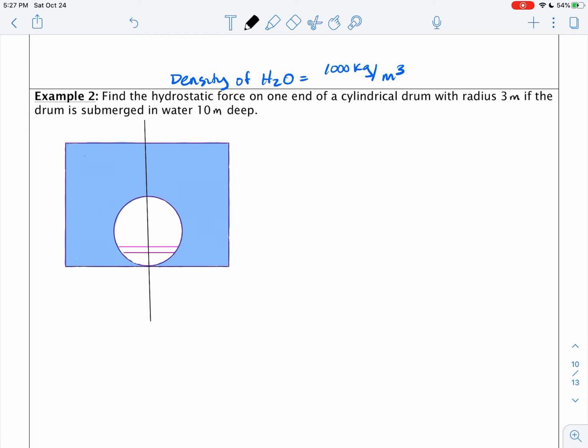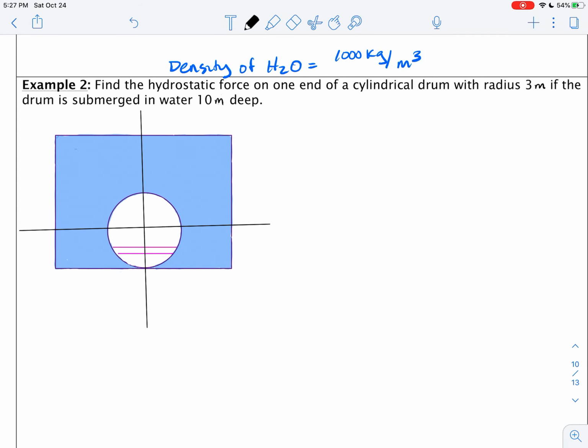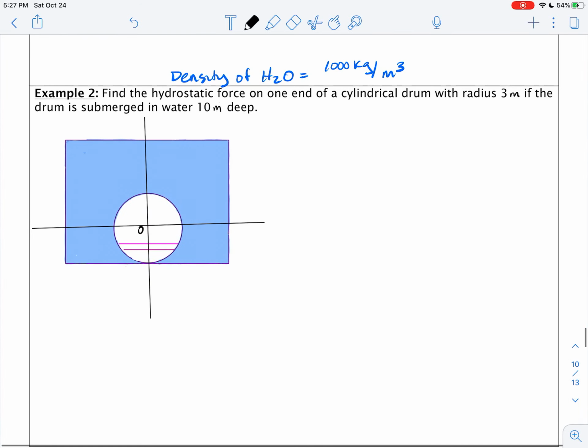I'm going to draw my axes because that's what my next step should be, and I'm going to put the 0 in the middle, in the center. So that's where I put my 0. The reason being is that we know our radius is equal to 3.